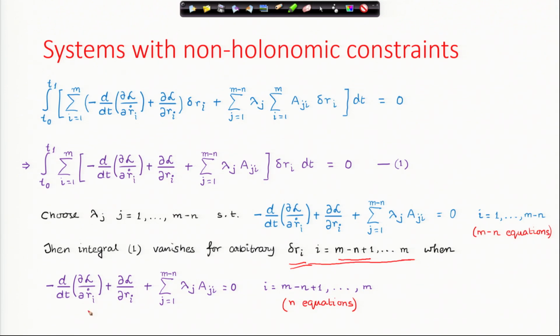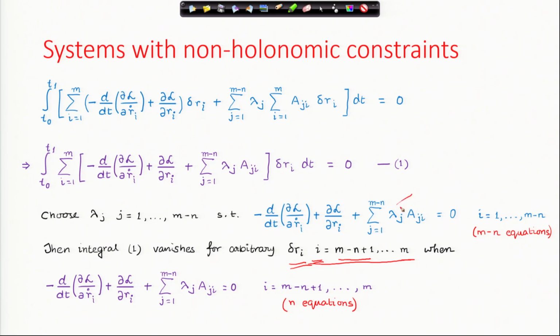Some of the bracketed quantities I have made 0 by special choice of lambda; the rest must be 0 individually, because the other delta r_i's can be chosen independently. From r_i, delta r_i, i going from m minus n plus 1 to m, they can be chosen arbitrarily, and therefore their coefficients must vanish.